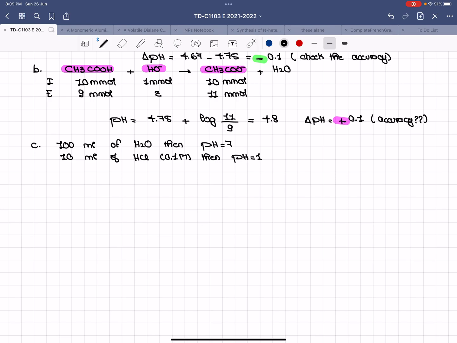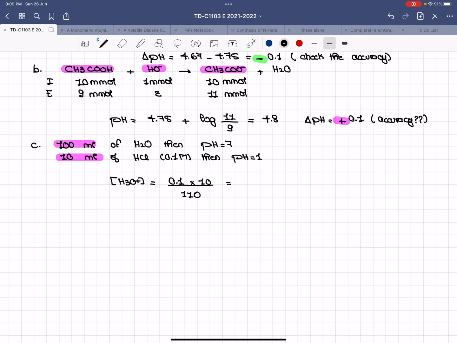However, when you combine the two of them together, the concentration of H3O plus actually changes. Now it's 0.1 molar times 10 ml, which is millimole, divided by 110 ml. 110, basically it's 100 from the H2O and 10 from the HCl.